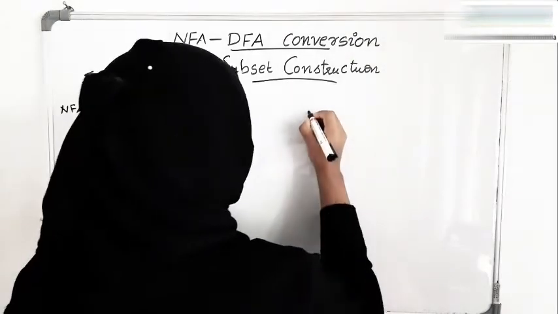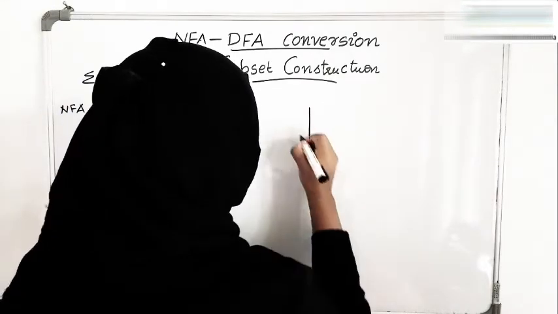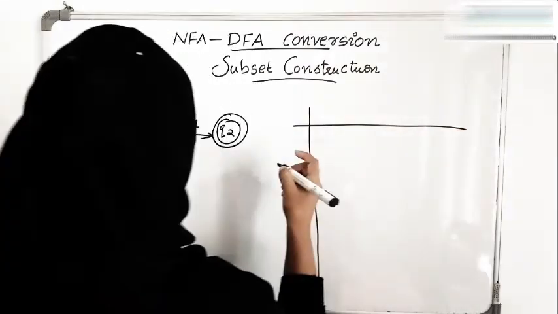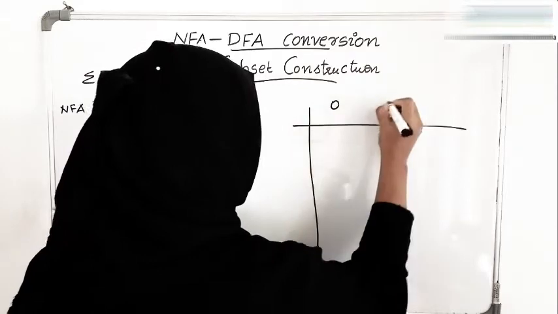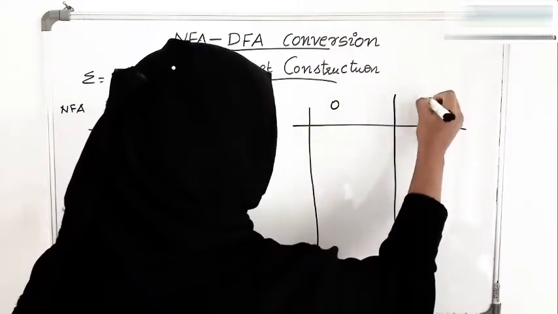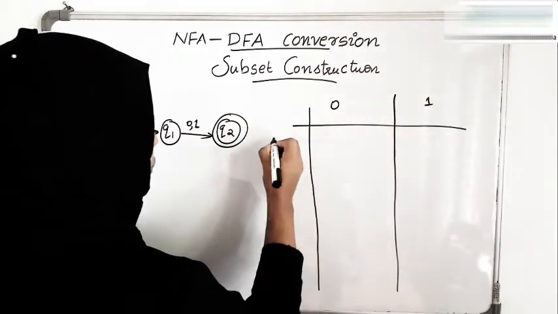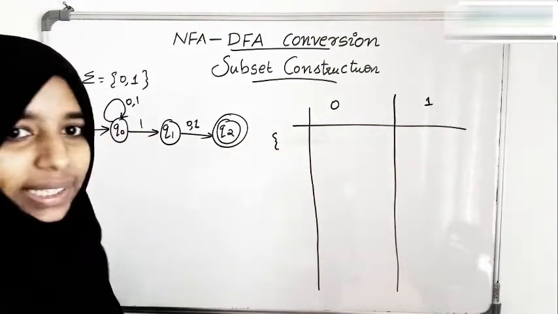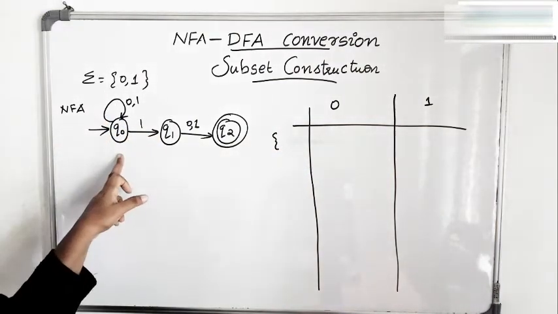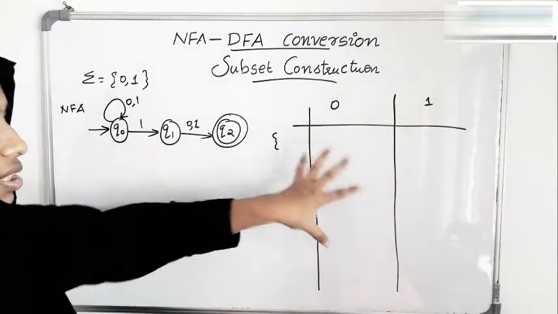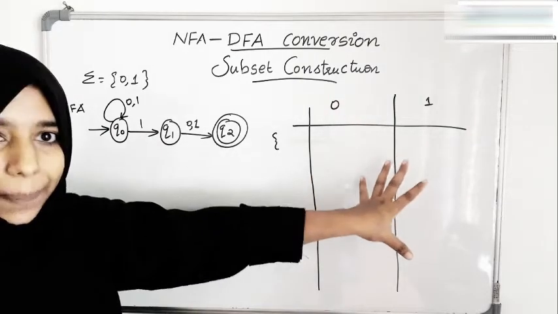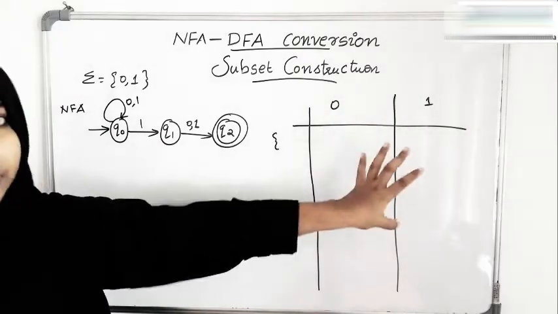The first thing you have to do is, we have the same inputs, that is 0 and 1. The start state for the DFA will be the set containing the start state of the NFA. This will be the transition diagram for our DFA.